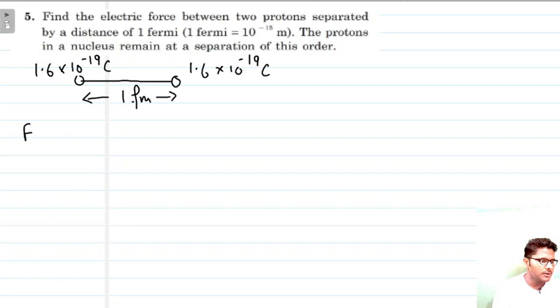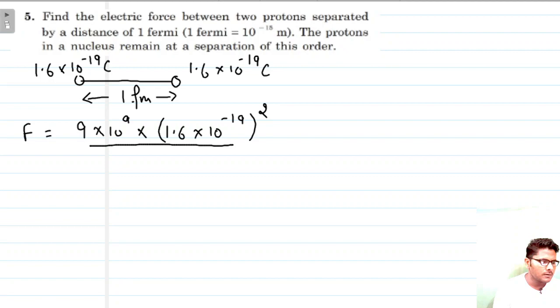So the force will be 9 into 10 raised to power 9 into 1.6 into 10 raised to power minus 19 square over the distance between them, 10 raised to power minus 15, to the square of the distance.